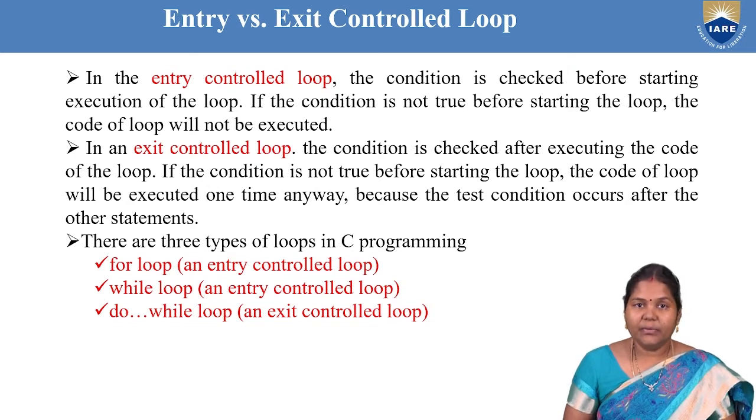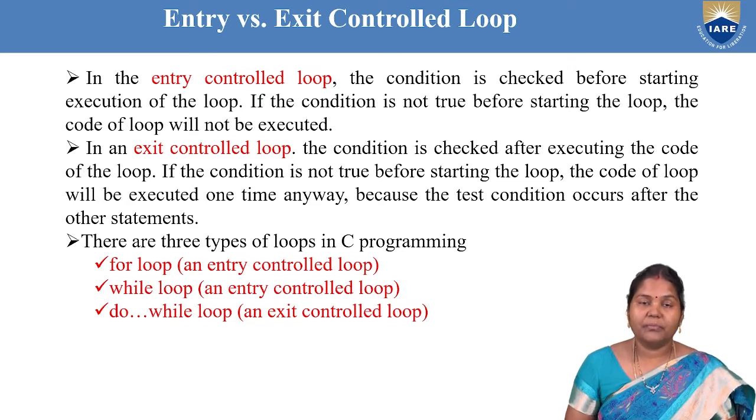Now, entry versus exit control loop. In the entry control loops, the condition is checked before starting the execution of the loop. If the condition is not true before starting the loop, then the code of the loop will not be executed. Similarly, in an exit control loop, the condition is checked after executing the loop once. So, at the exit, the condition will be tested.